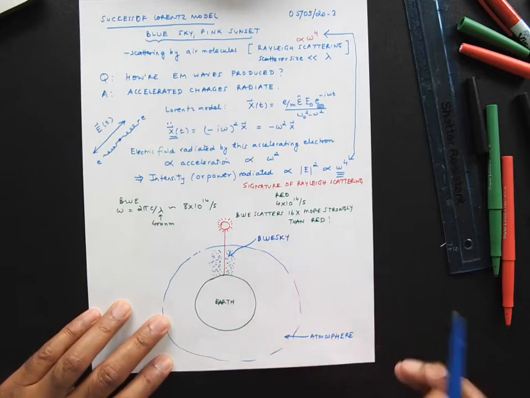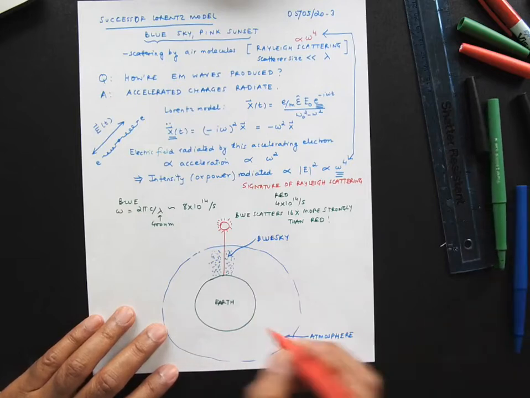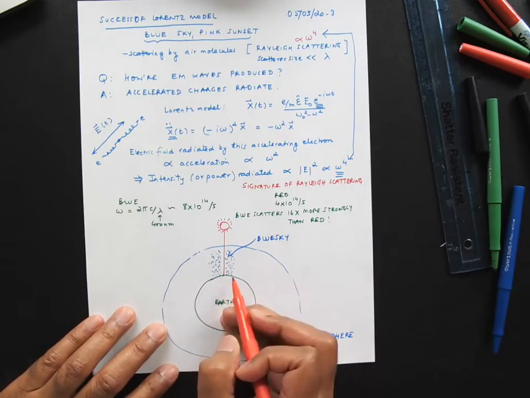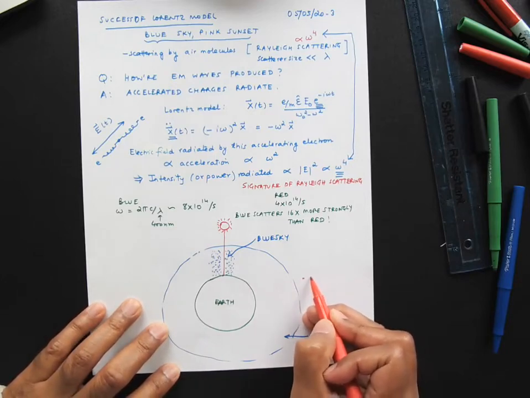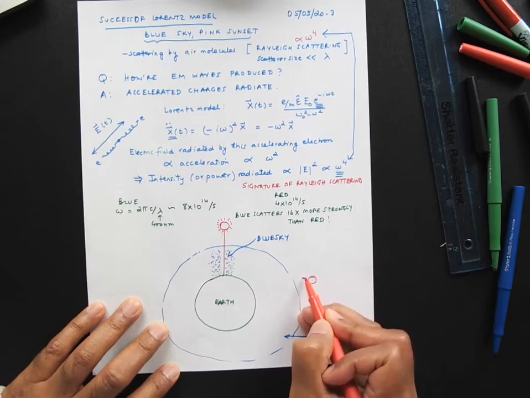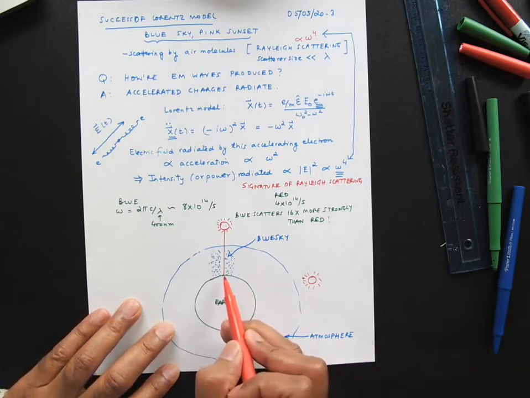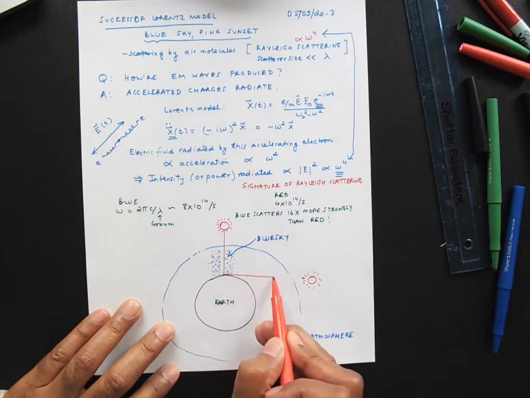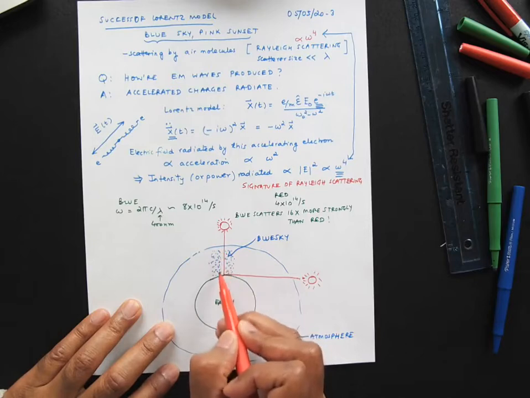Now, an interesting thing happens when the sun is past the horizon. Now it's somewhere here. All that's changed is that to get to you, the light has to travel through a longer distance. This distance is longer than when it was directly overhead.